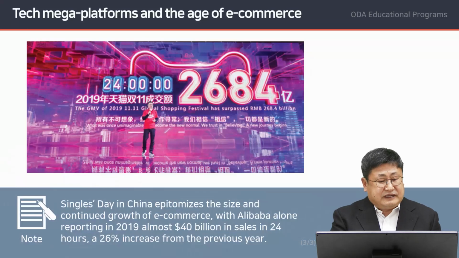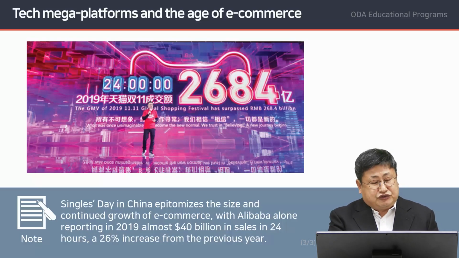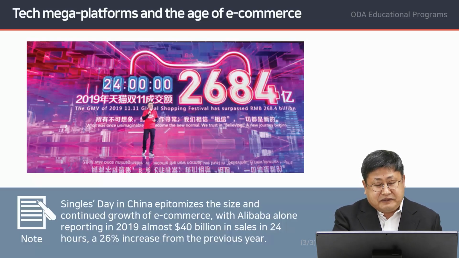For example, on the 2019 Singles Day in China, which optimized the size and continued growth of e-commerce, Alibaba alone reported almost $40 billion in sales in 24 hours.